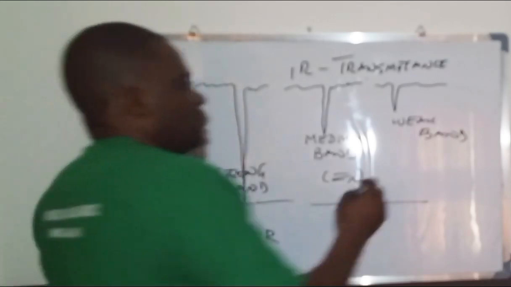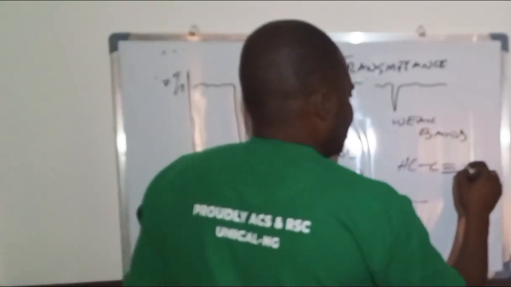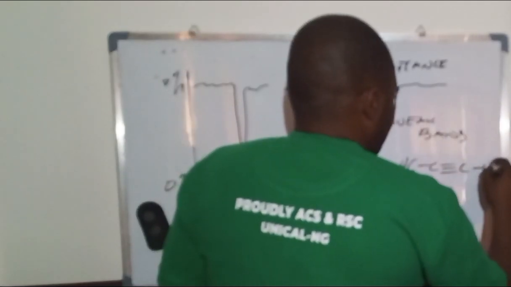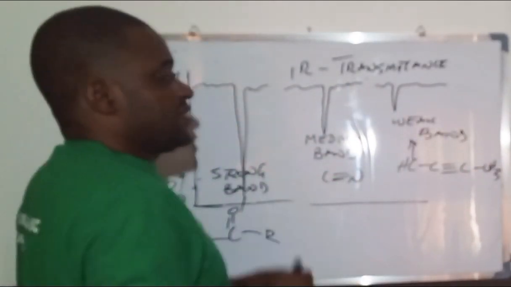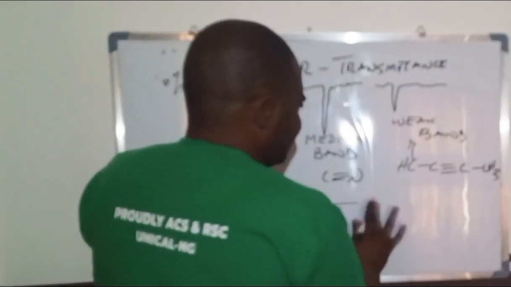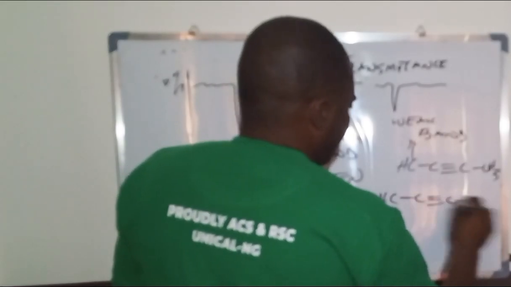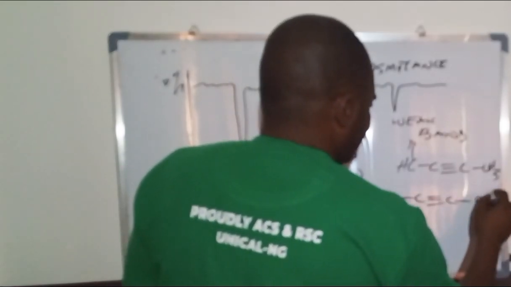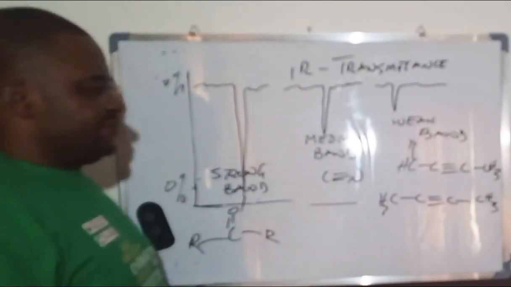For example, molecules or compounds that have this will always produce weak bands. But molecules or compounds that have this kind of a compound, okay, so this is, alright.